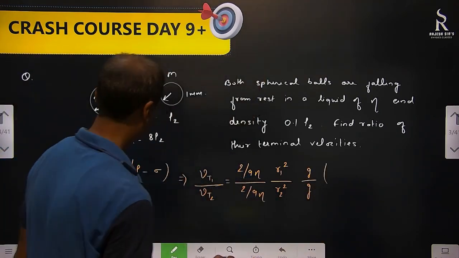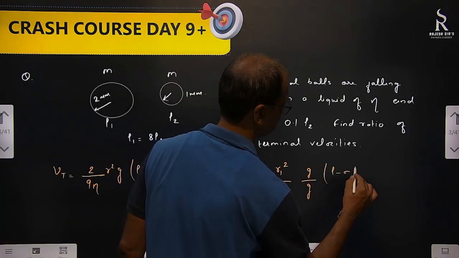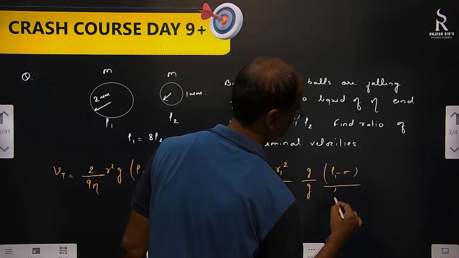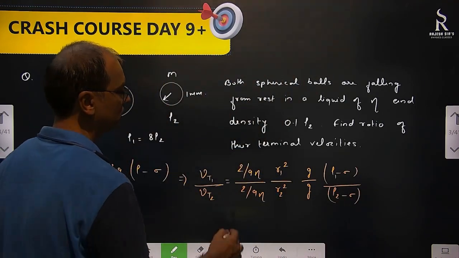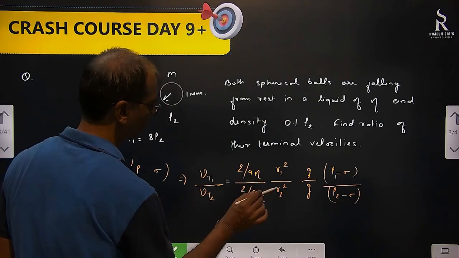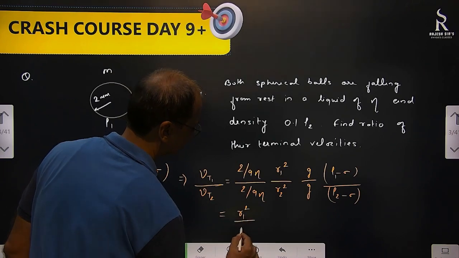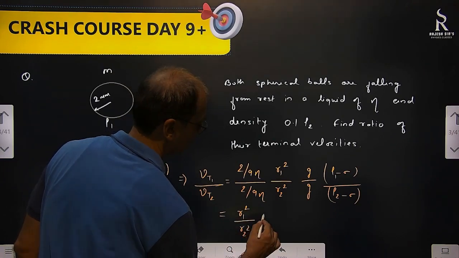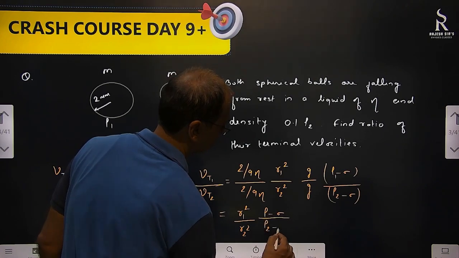Then rho 1 minus sigma by rho 2 minus sigma. Correct? G is gone, 2 by 9 eta is gone, so I am not repeating it. What do we have? R1 square by R2 square and rho 1 minus sigma by rho 2 minus sigma.